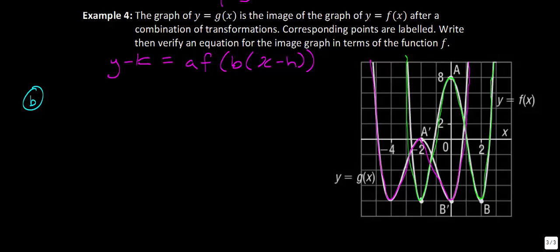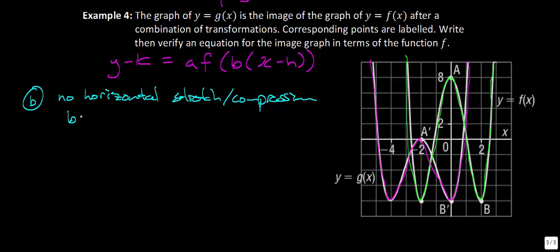And so what we can see is that there has been no horizontal stretch or compression. So because there's no horizontal stretch or compression, therefore we know that b is going to equal 1. Okay, so nothing's really changed.